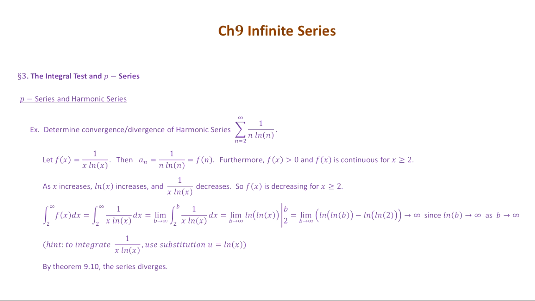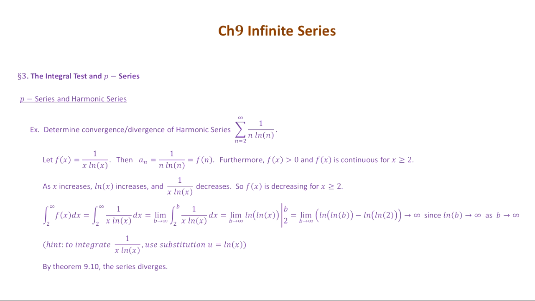And then, of course, when x increases, both x and ln x are increasing. Then x times ln x also increases, and you take the reciprocal, you get 1 over x times ln x, that's decreasing.